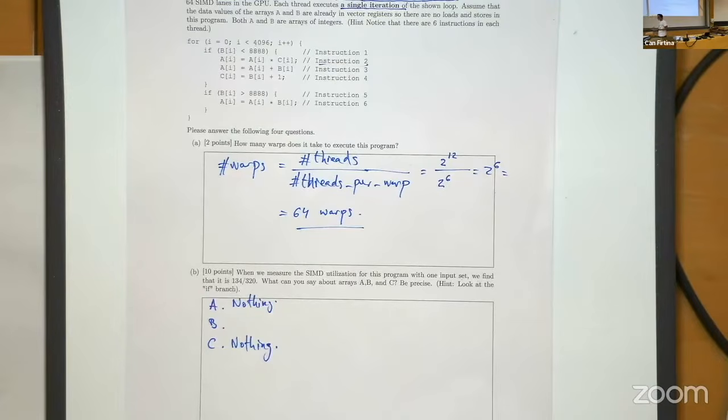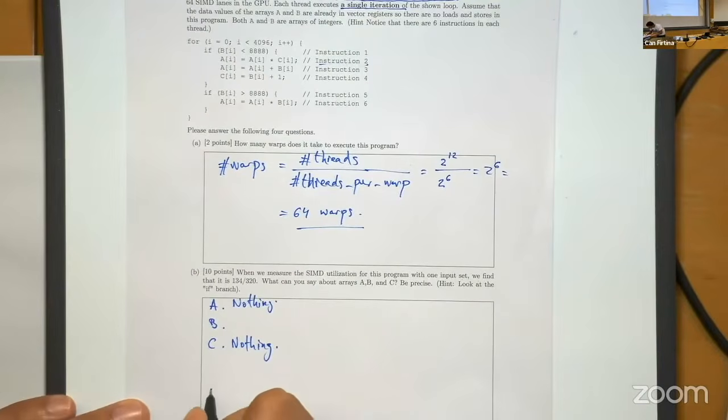But how about B? Clearly, the values in B are important, right? Because in instruction 1, we check if the value in B is less than something. In instruction 5, we check if it's greater than something, right? So let's think about how someone who has calculated the SIMD utilization for specific values in array B has reasoned about the calculation.